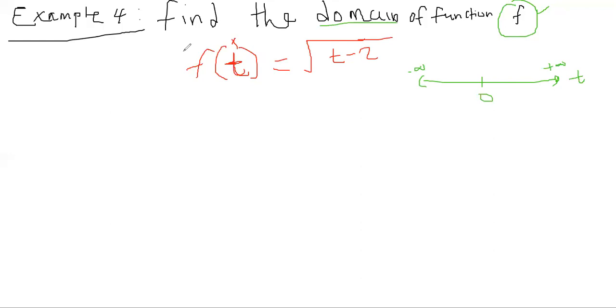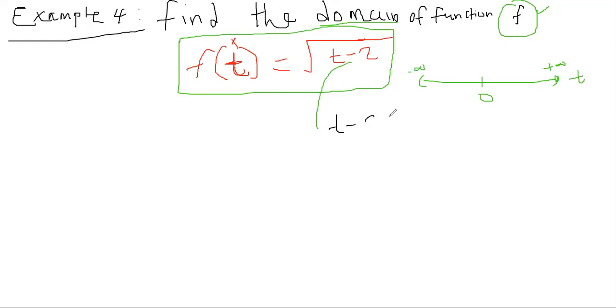When you have a function that is having a square root, all you need to do is take the expression within the square root and write it again, saying it should be equal to or greater than 0.